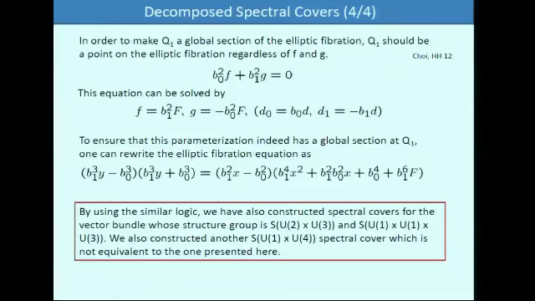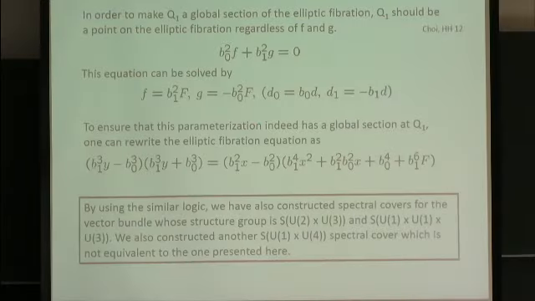Then we have a relation like this to make this Q1 a global section, and this equation can be parameterized in this solution. Then to ensure this really gives a global section, we can rewrite the elliptic fiber equation, which I showed before for the elliptic fibered threefold. Then that equation can be written in this way.